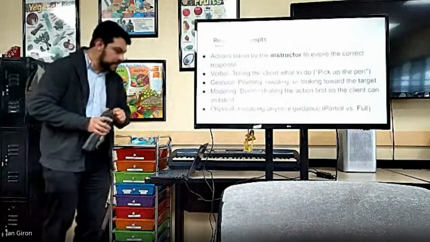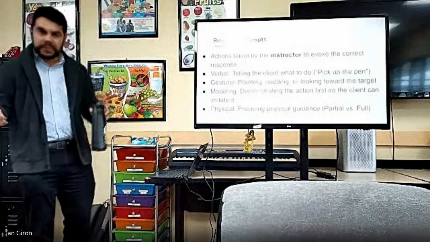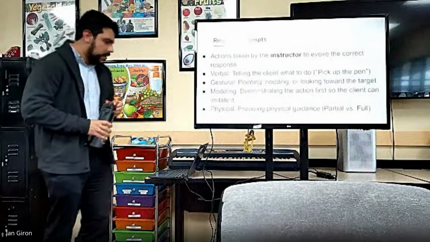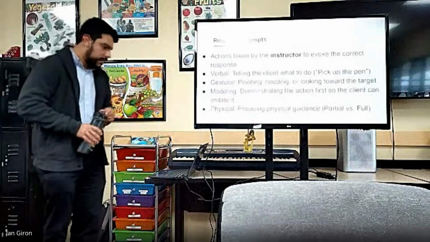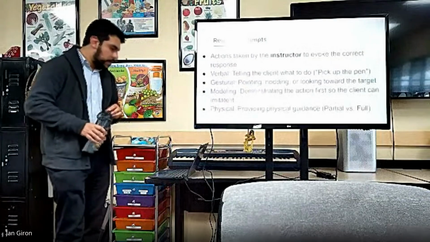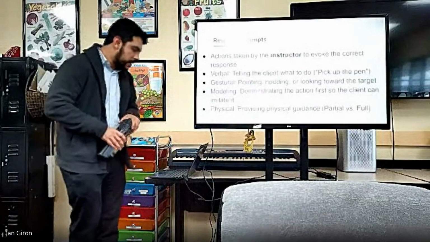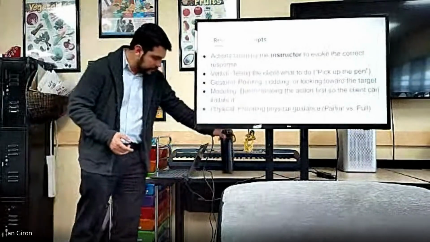So this is your typical verbal prompts. So being able to instruct the clients as to what to do, to be able to give them the hint they need. Gesture, as we've discussed: pointing, nodding, looking towards the item. Modeling, so performing it first, then having the client do it. And then physical, whether that be partial or hand over hand or full physical.